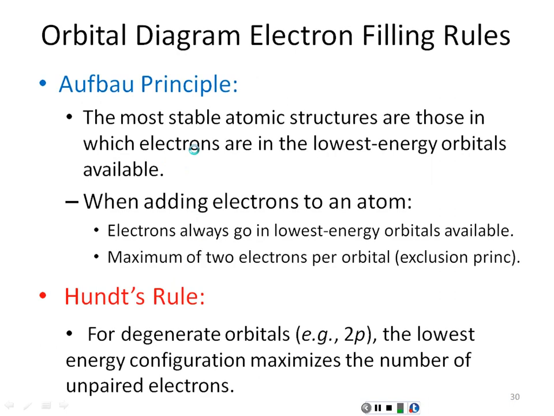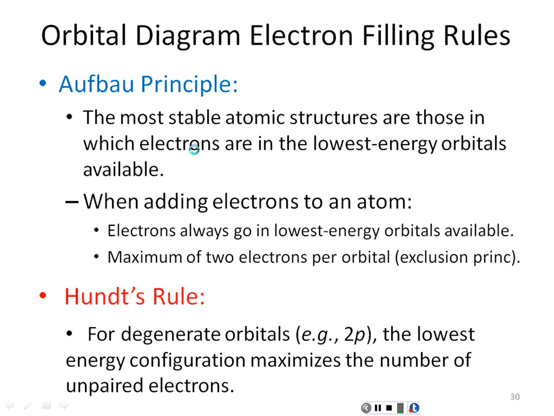How do we fill these orbital diagrams? Well, there are a couple of rules we need to follow. The first is the Aufbau principle. This states the most stable atomic structures are those in which electrons are in the lowest energy orbitals available. Another way you can put that is electrons always add to the lowest energy orbital.